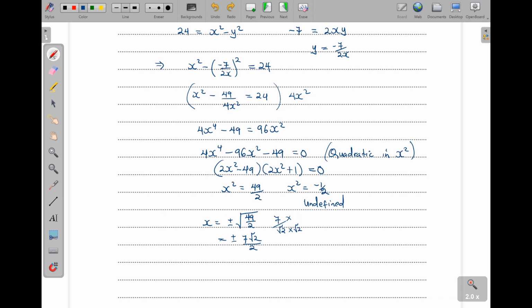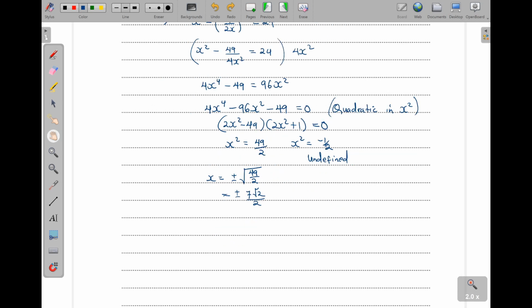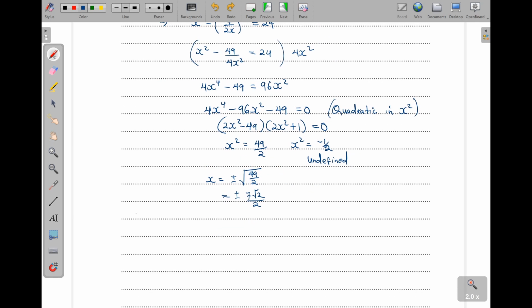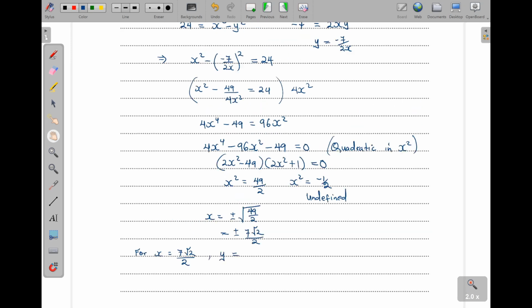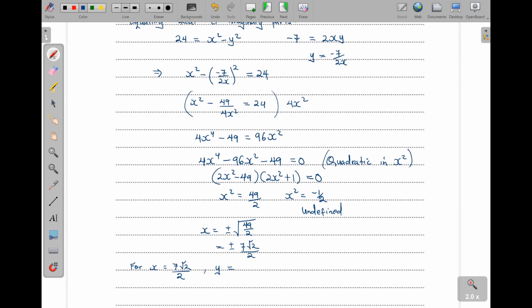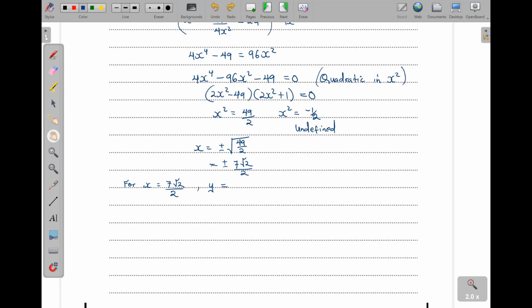Then after that, for each of these two values, we get the values of y. So for x equal to 7 root 2 over 2, what will be y? So y is going to be equal to, remember up here, y is negative 7 over 2x.